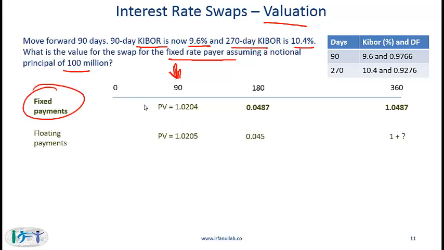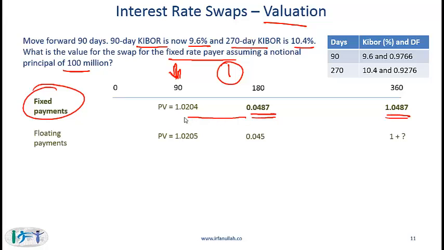Consider the fixed payments first. We've already established that for 1 unit of currency, the coupon payment on day 180 is 0.0487. And then at the end of the year, day 360, it's going to be 1 plus 0.0487.